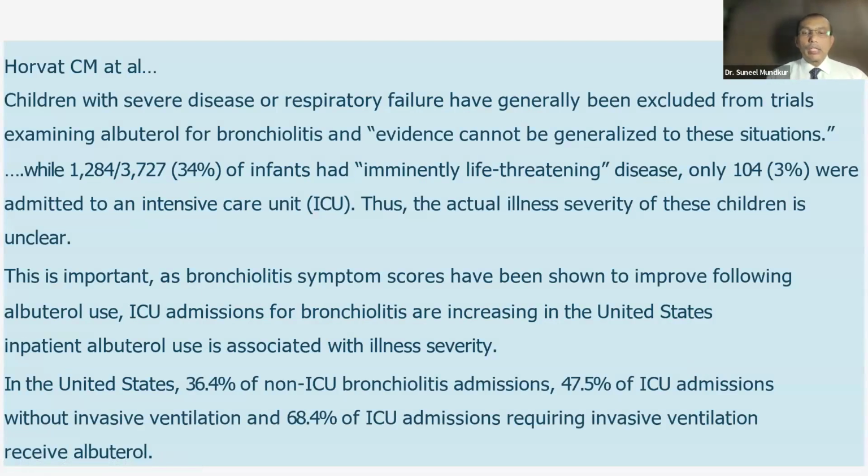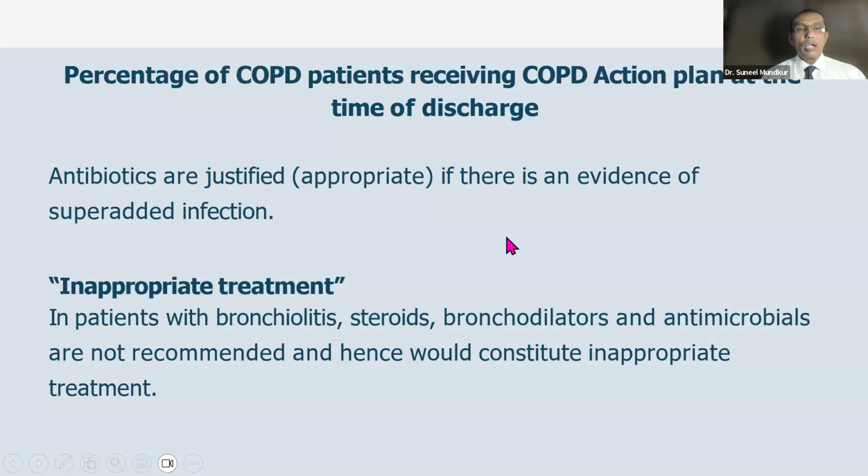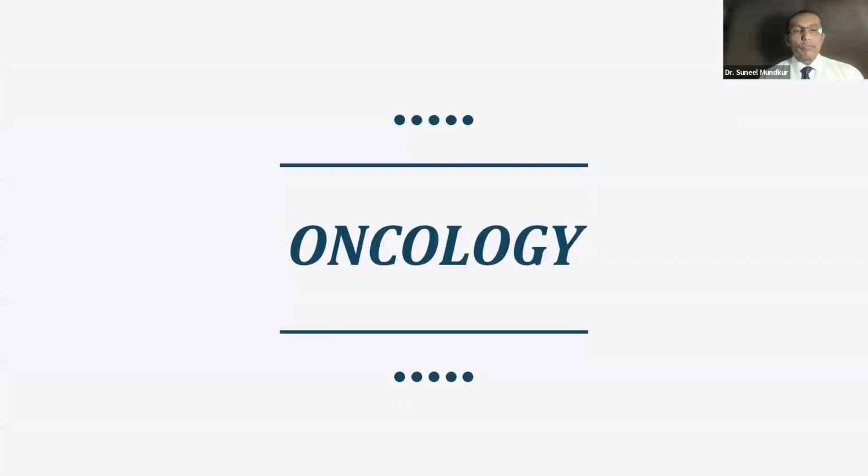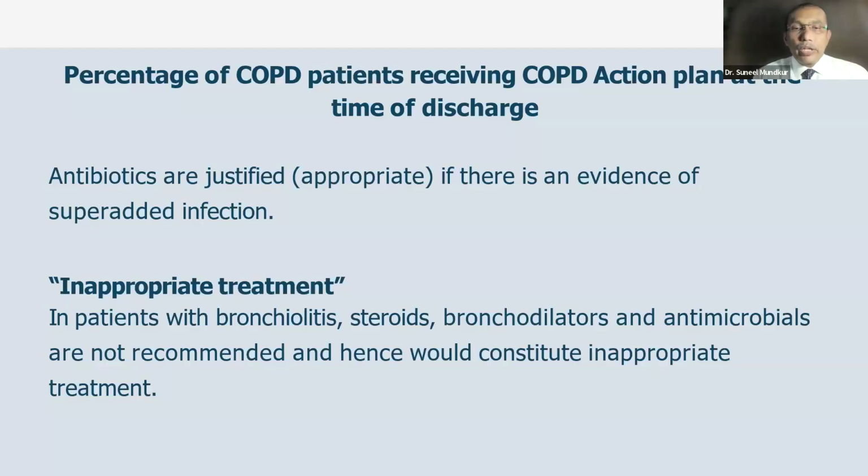So still the compliance, even in the Western world, is only 36 to 40% for not using bronchodilators or steroids or antimicrobials. So I think I have confused all of you enough.